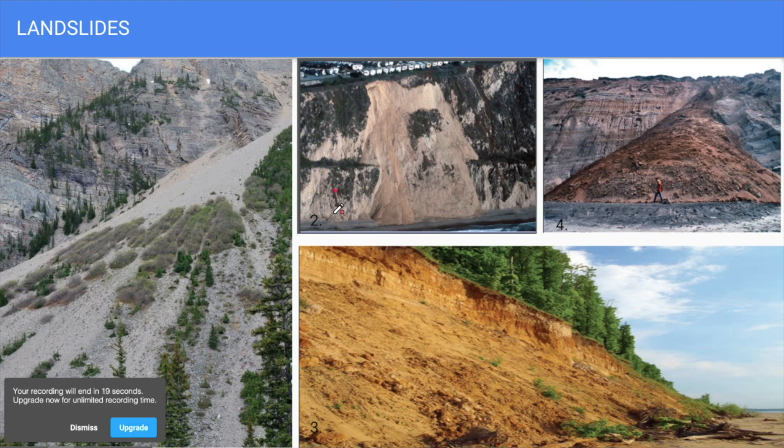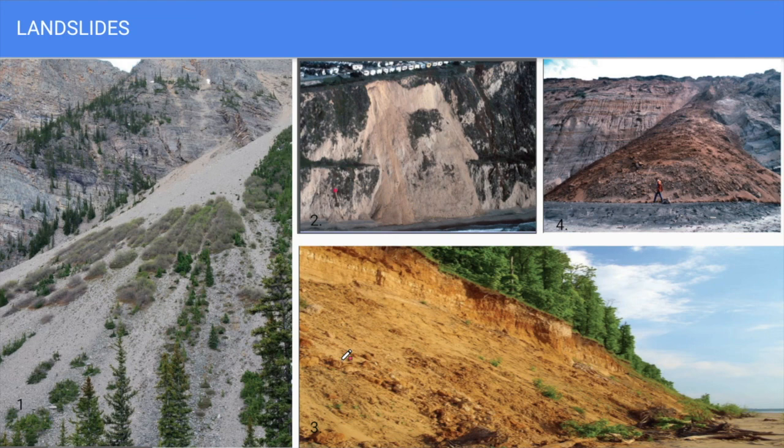It caused a lot of the rock material to fall down. Picture number 3 shows us a landslide that happened near a river. It caused lots of rocks to fall down, and it knocked down many different trees.